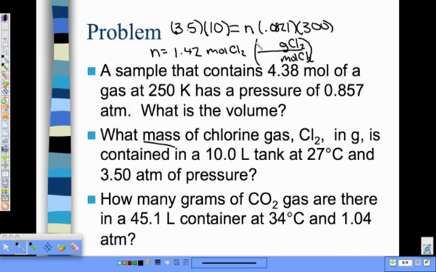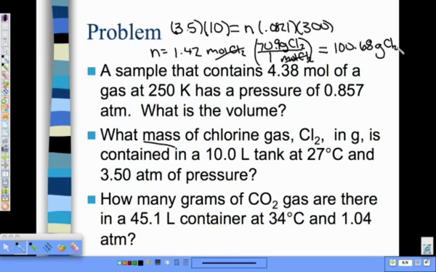Going from grams to moles, we have 1 mole here, and chlorine's mass is 35.45, but it's Cl2, so we have to multiply it by 2. So we get 70.9. That's our mass. Units cancel. So if we solve for the number of grams, we have 100.68 grams of Cl2.